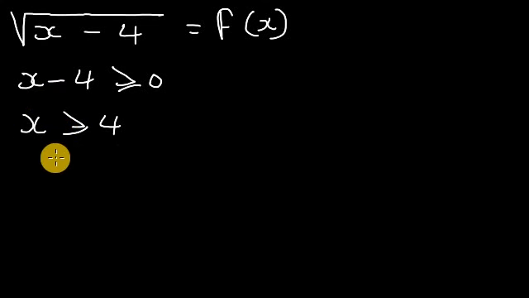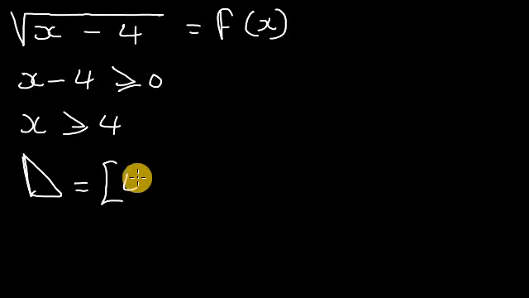You can put it in interval notation as well by saying that the domain is simply equal to 4. Since it's going to include 4, we are using a closed bracket over here, 4, and all the way to positive infinity. Then you put a parenthesis. I believe you grasp the concept now.